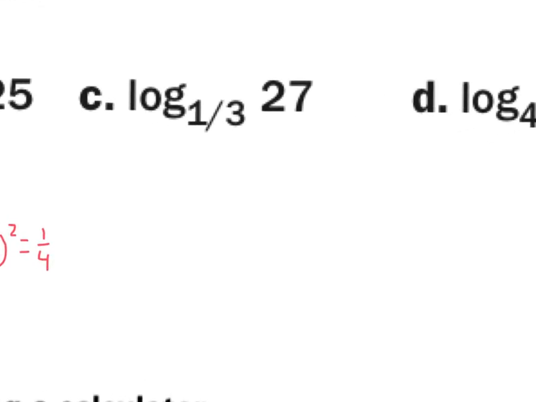This next one, if I rewrite this, I have 1/3 to some power, and that'll give me 27. So how do I get from a fraction, 1/3, to a whole number like this? Well, I need to reciprocate it, so x definitely needs to be negative. So I have to flip it. And how do I get from a 3 to a 27? What exponent needs to happen? 9. 3 times 9, good.